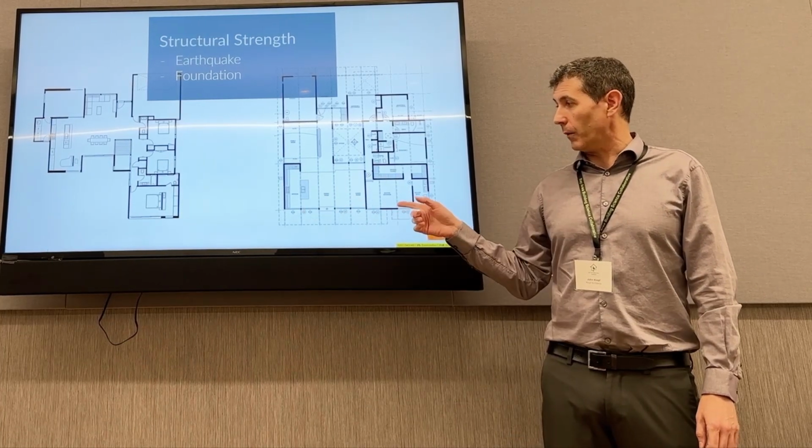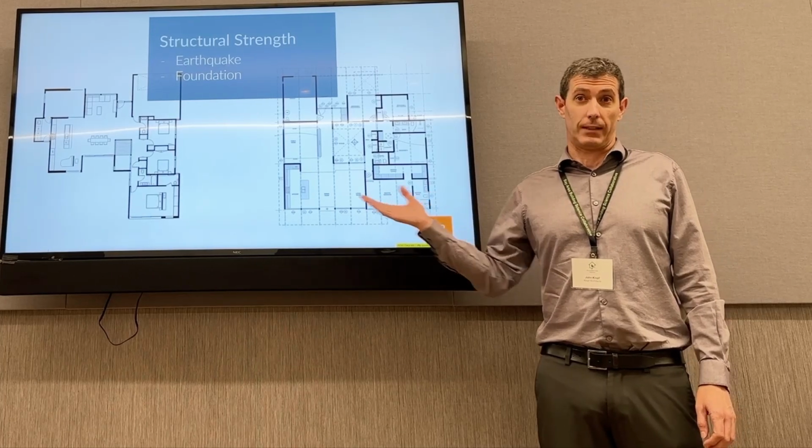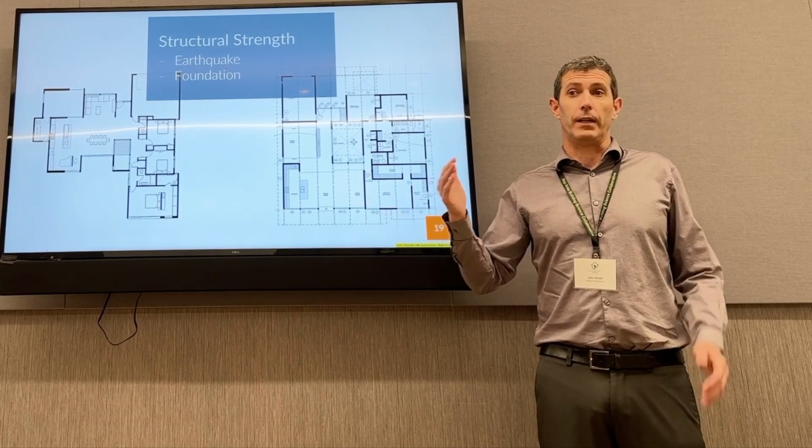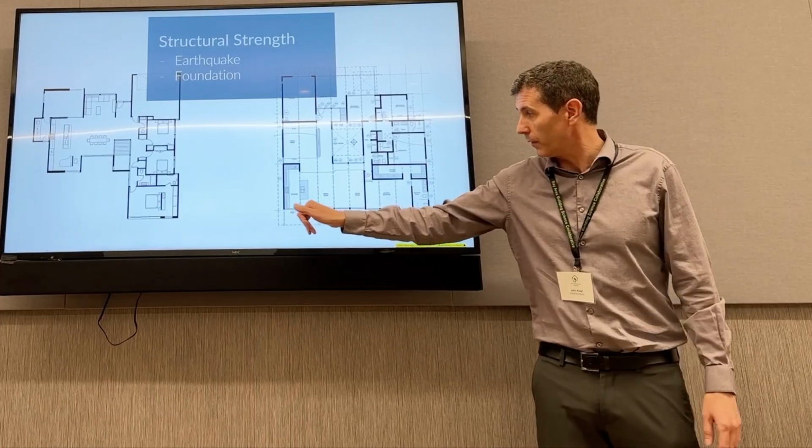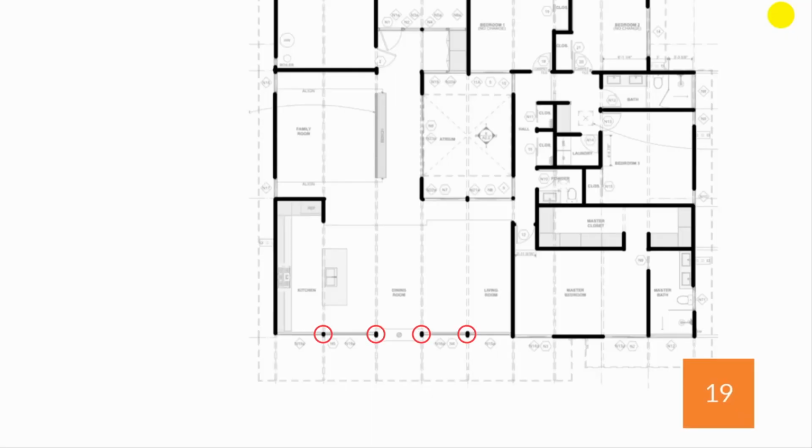However, in this one, we did end up strengthening that because we needed to support the roof and remove these posts to give it that big sliding glass door. So we did weaken the structure, and so then we did end up upgrading it for vertical loads to hold up the roof.